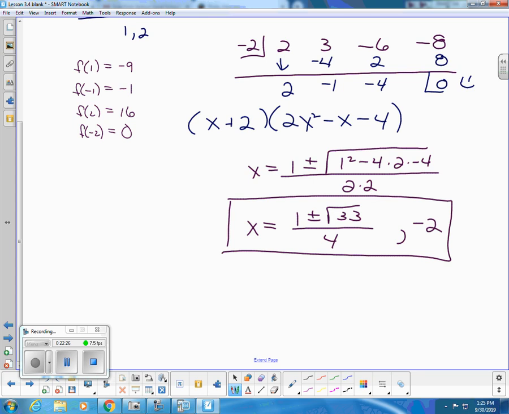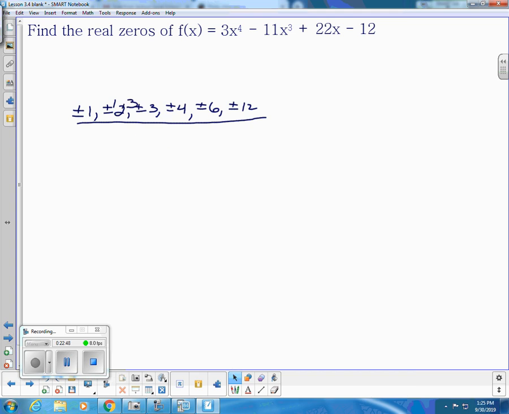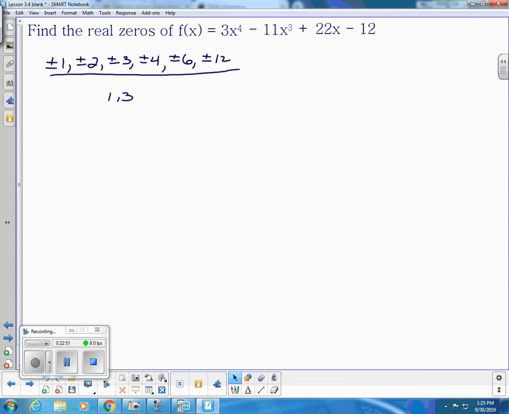And I get that. So, this next example we are going to do with our calculator. We're still going to find the rational roots, though. What are our possible rational roots? Now, when you have a long list like this, we're going to want to play with our calculator and try and get something going. Okay?